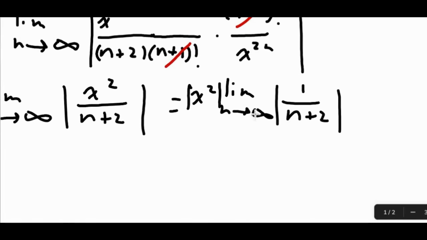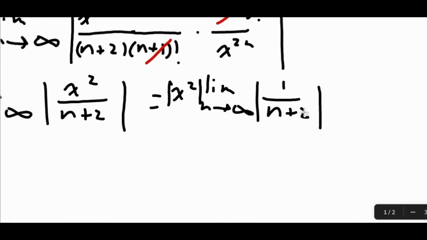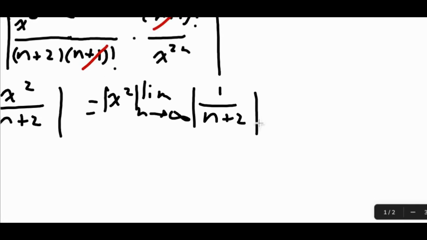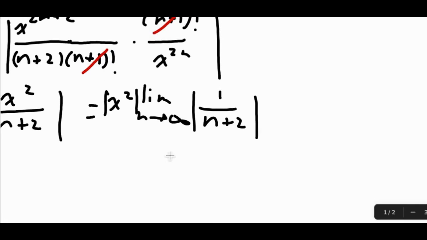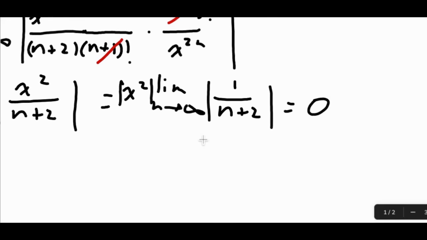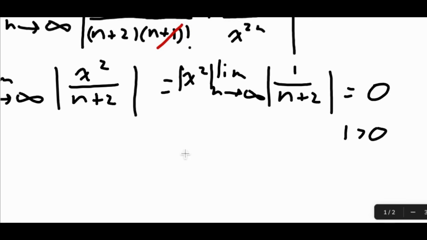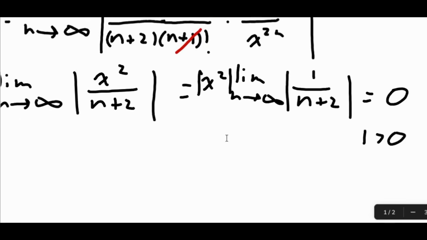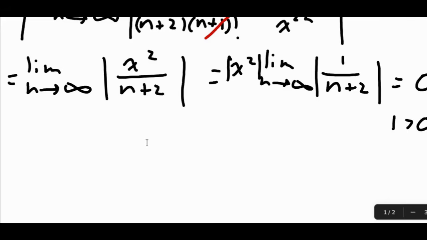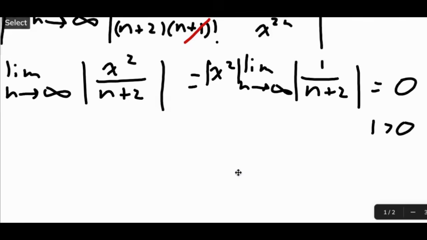And we know that since it's going to be 1 over infinity, this is just going to approach 0. So we know that this limit is equal to 0. And because 0 is always going to be less than 1, the interval will be from negative infinity to infinity, meaning that the series converges everywhere. So we can go ahead and write this over here. Let me just zoom out.